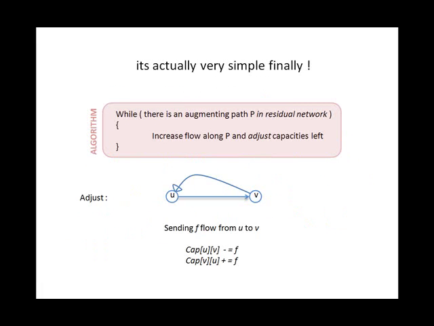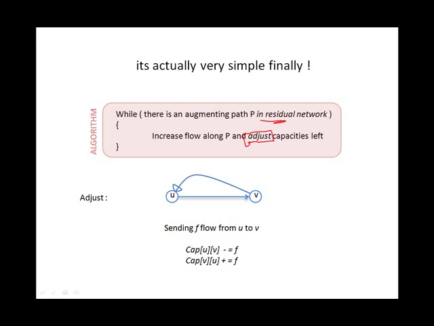So the final algorithm which works is: while there is an augmenting path in the residual network, increase the flow along the path and adjust the capacities left. Once we find that there are no more augmenting paths, we can stop the algorithm, and we are guaranteed that the solution has reached optimal, and that is the max flow we want. You need to take care what is meant by adjusting in the case of residual networks.